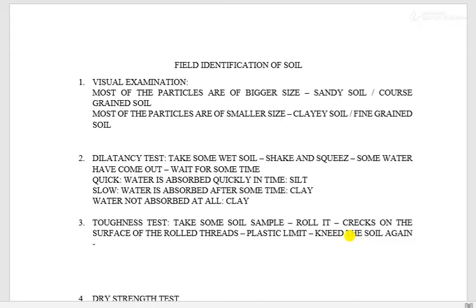After kneading, if you are able to roll it again into threads, that means after putting some extra pressure you are able to roll it into threads, then obviously the soil has high plasticity.